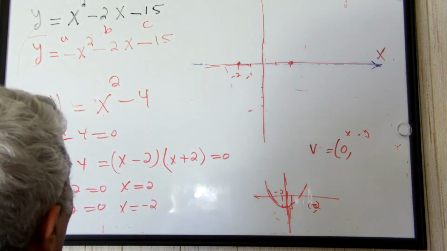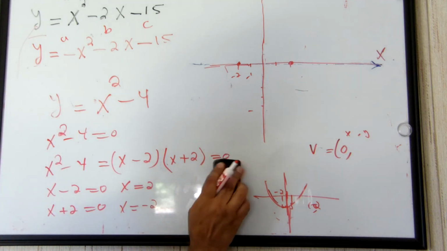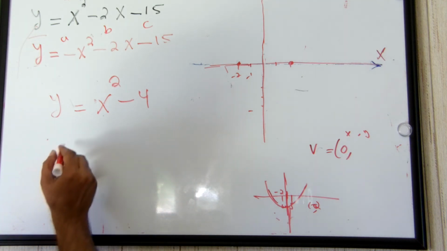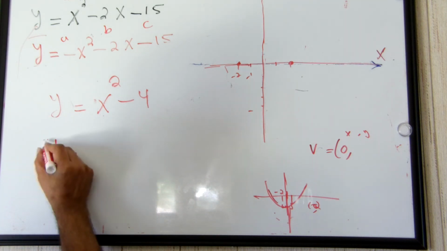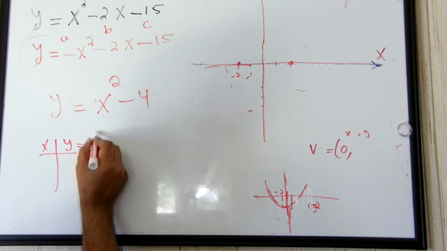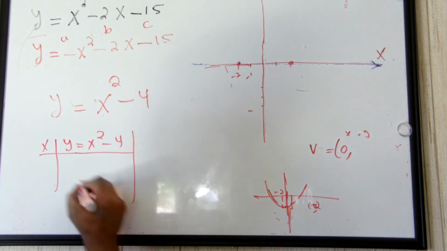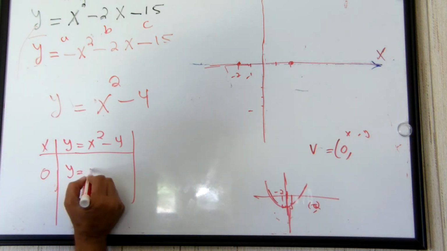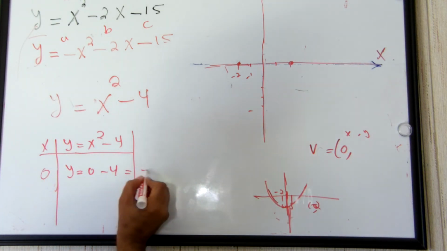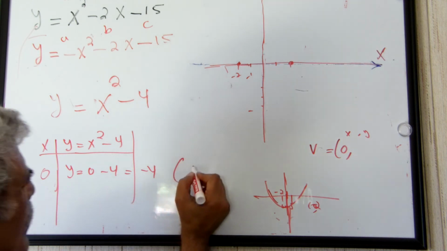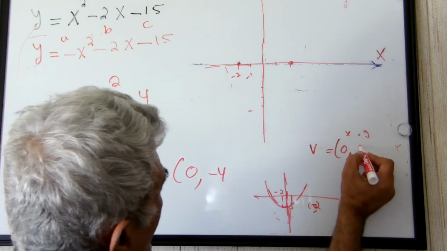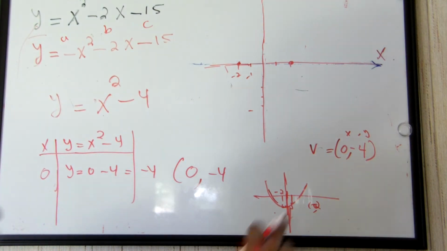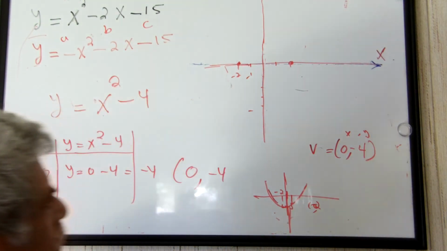If we put it in the original equation, x and y. If we put x as 0, y is going to be 0 minus 4, which is minus 4. So the coordinate is 0, minus 4. The point has an x coordinate of 0 and a y coordinate of minus 4.